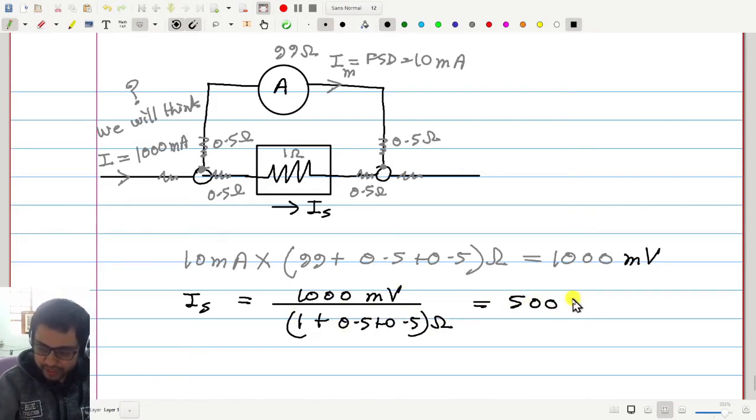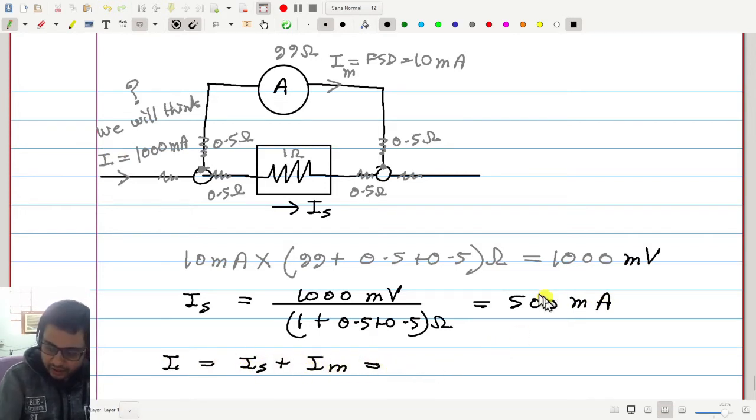So 500 milliampere. Then this current I, which is IS plus IM, is 10 milliampere plus 500 milliampere. Is my calculation all correct?